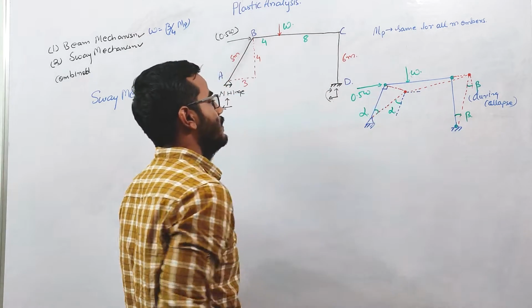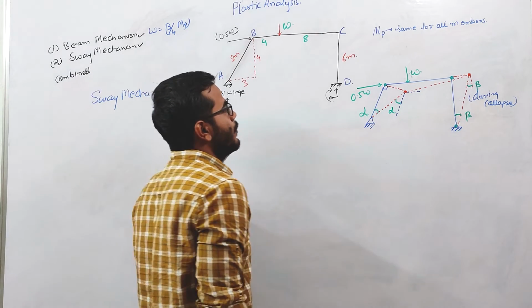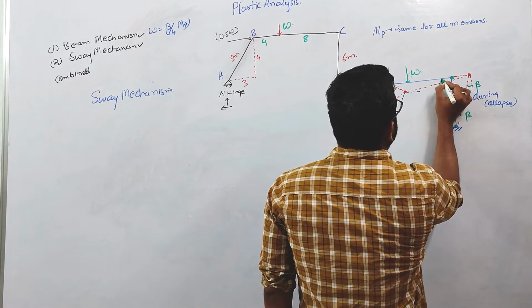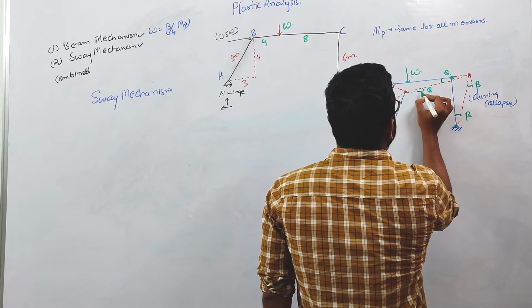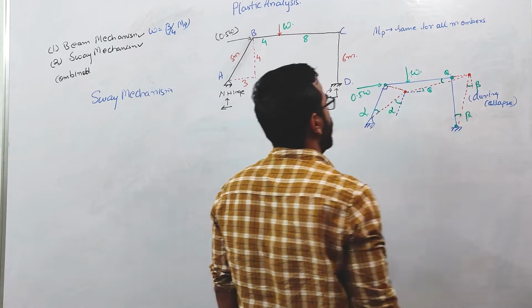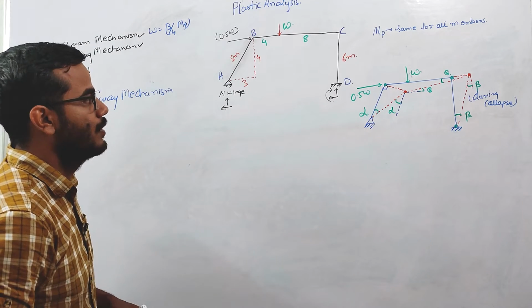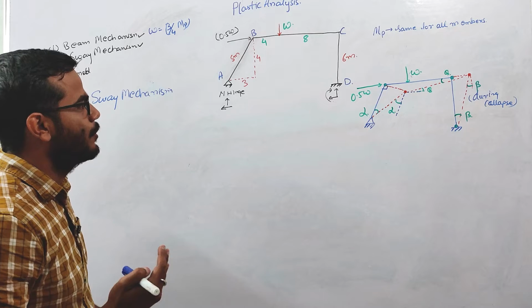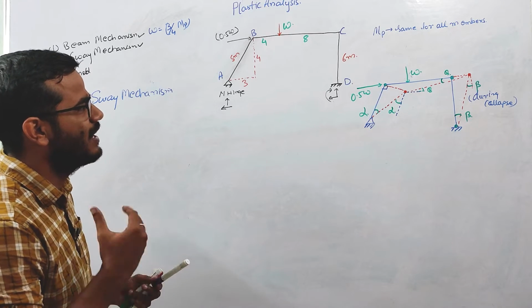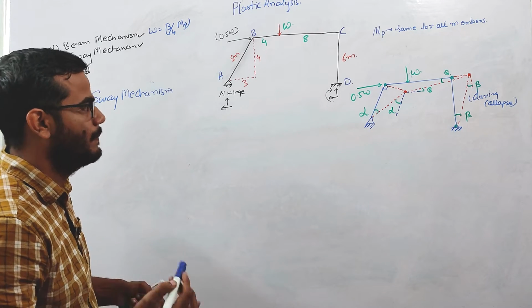These two lines are parallel. Let us suppose this angle is theta, so this angle will also be theta, alternate angles. Now we will be using some geometry concepts to find the relationship between alpha, beta and theta. That is our whole purpose.